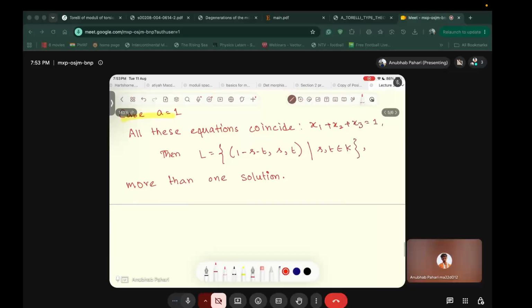Now we will have another case, that is case a not equal to 1.